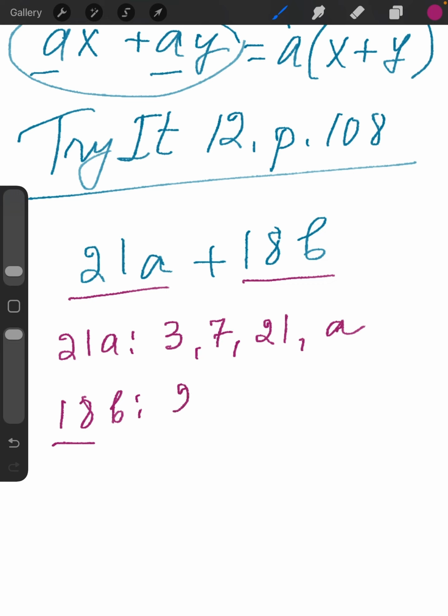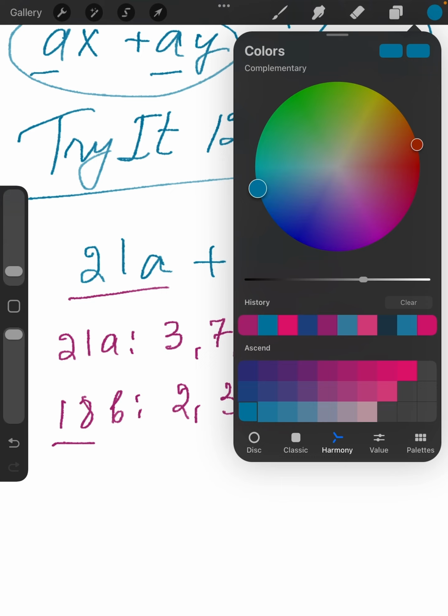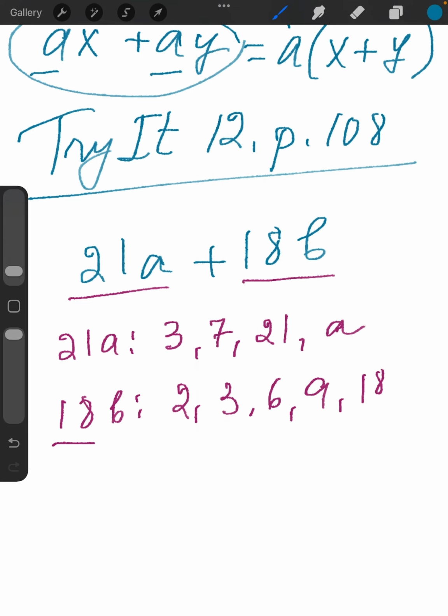The factors of 18 are 2, 3, 6, 9, and 18. Right? Okay, so now we're going to actually find the greatest common factor between 21 and 18. And in this case, that greatest common factor is 3, right?